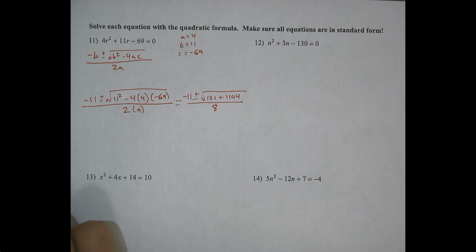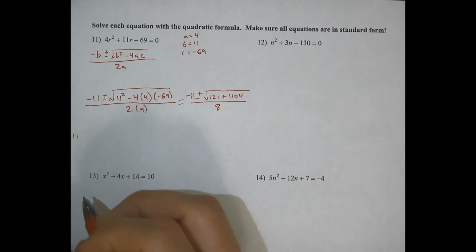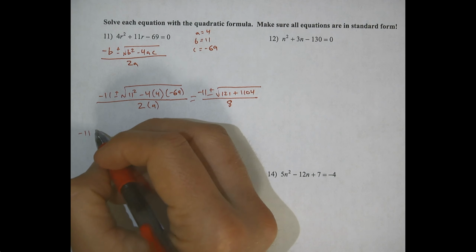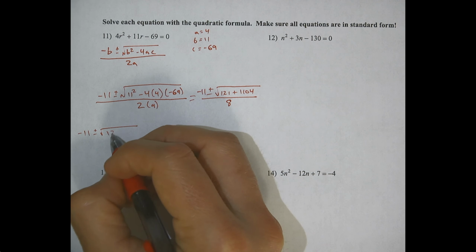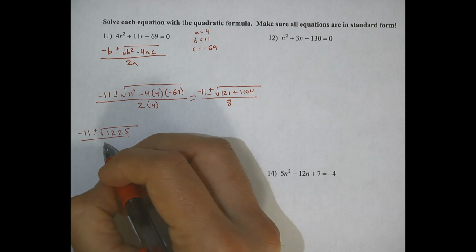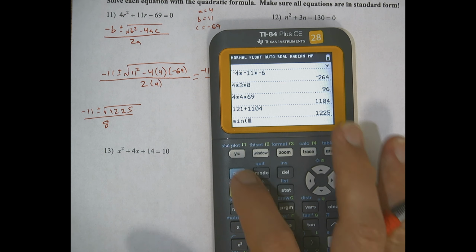So to finish the discriminant, 121 plus 1104, I'm going to bring it over here, negative 11 plus or minus square root of, putting those together, I get 1225 over 8. So I'm going to take the square root of 1225.